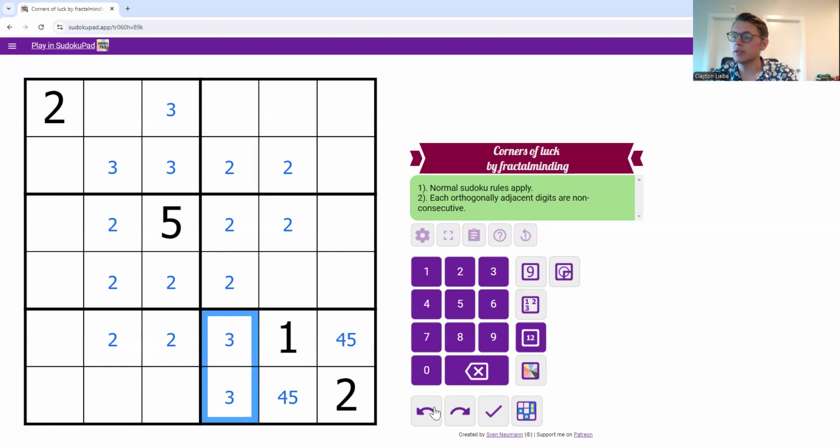But let me back it up, because the way I proved it in my head was just thinking, okay, well, that's valid. But what if this was a 5 and then this was a 6? Is that what we just did? That is what we just did. What if this was a 5 and then what if the 6 was over here? 3, 6.